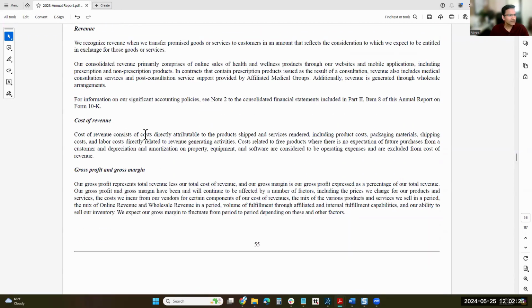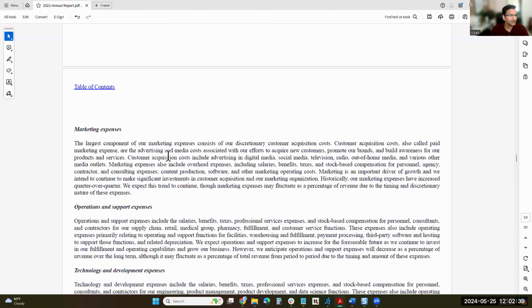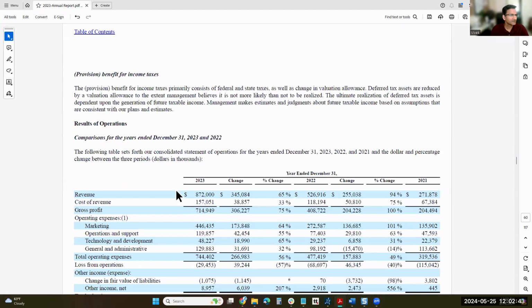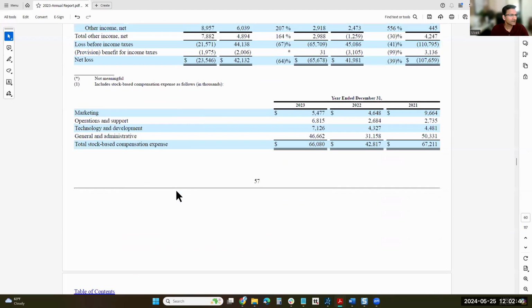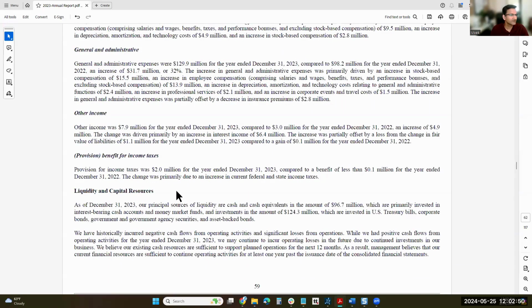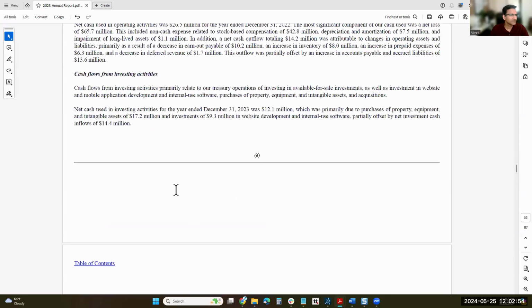Cost of revenue is a cost directly attributed, because they do both. I just want to understand, because the margins on the retail side will be very low, but today that's a smaller portion, so not much worried about that one. Marketing expense, okay, that's all fine. Those numbers we'll look at later. It's all numbers. Other income, explanation of the numbers.